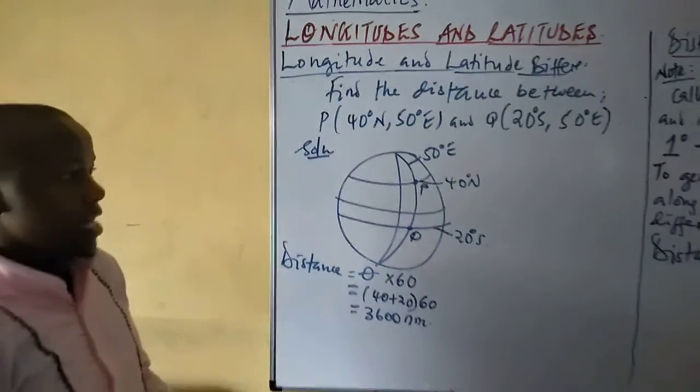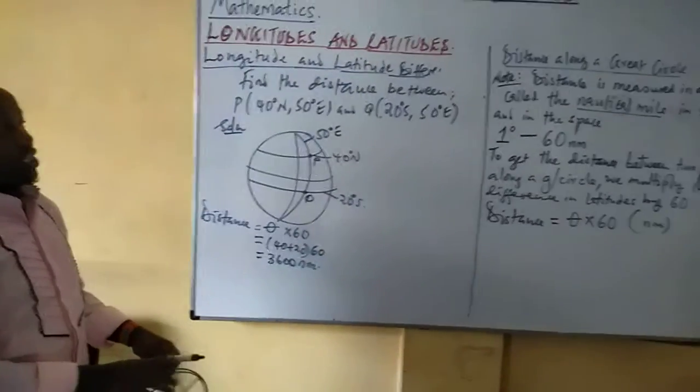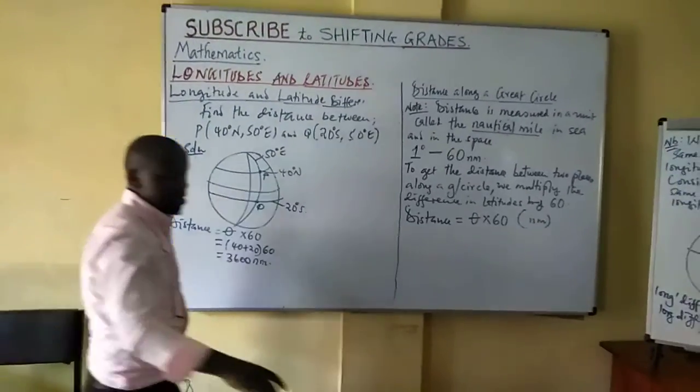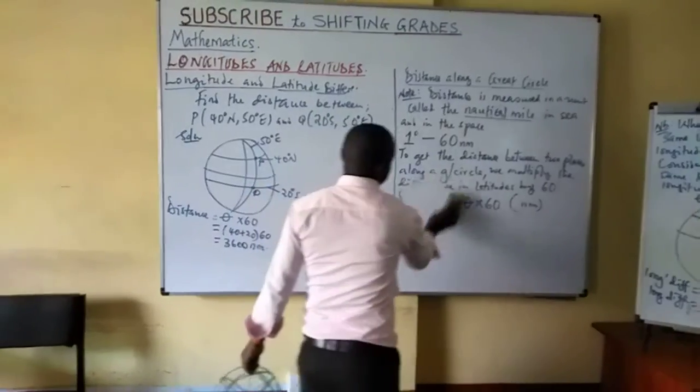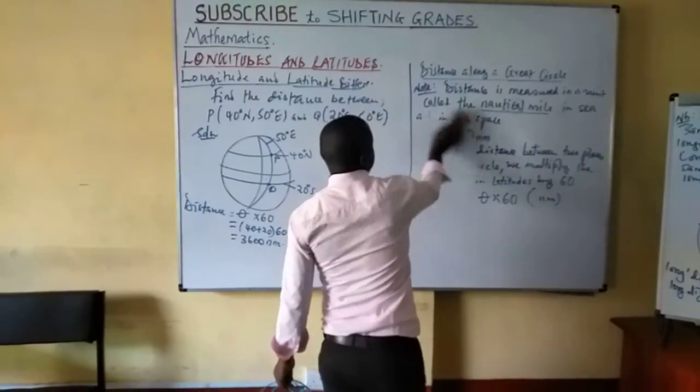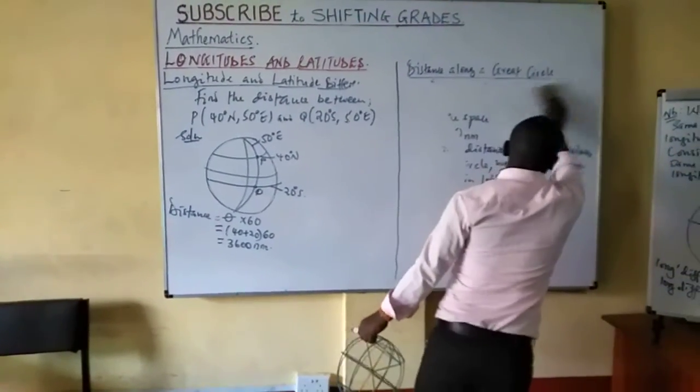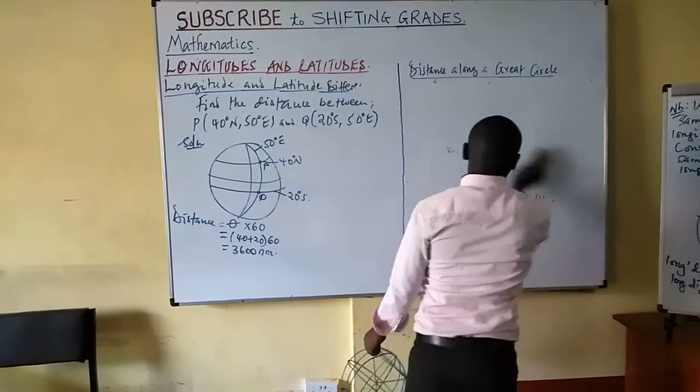I want to explain how distance can be gotten in kilometers for great circles. I will use this globe to illustrate.